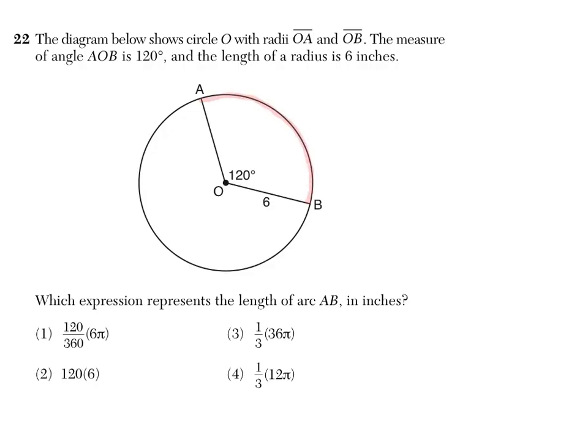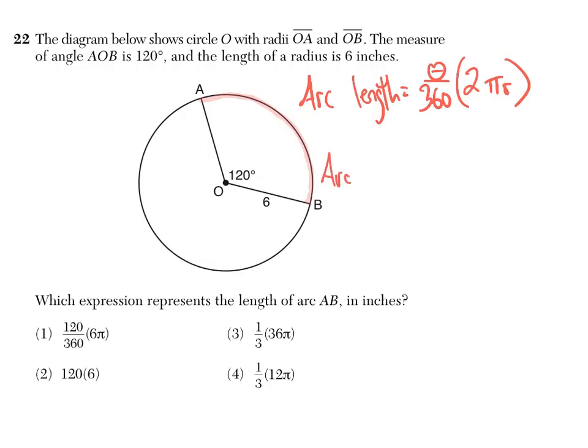And I remember that the formula for arc length is equal to theta over 360 times 2 pi r. And so what we're going to need to do is plug in the values so we can figure out what the arc length is.